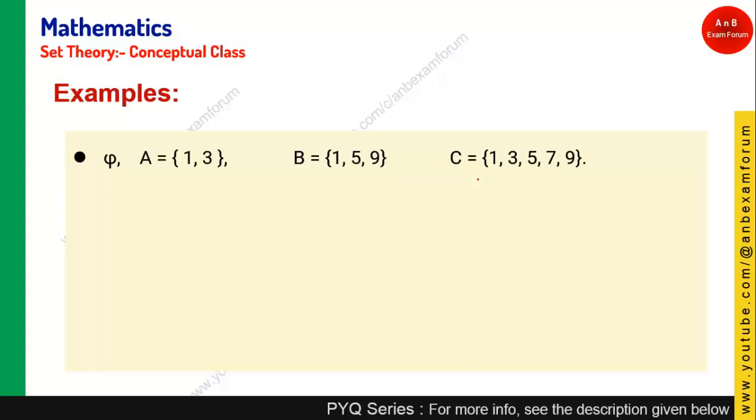So there are four sets basically. This is a null set, set A, set B, set C. Let's see which of the following are subsets of each other.